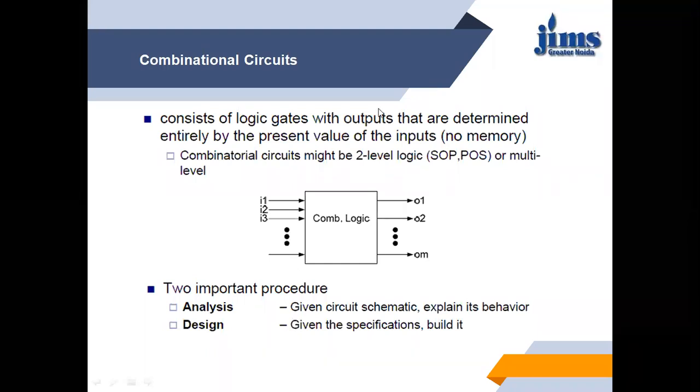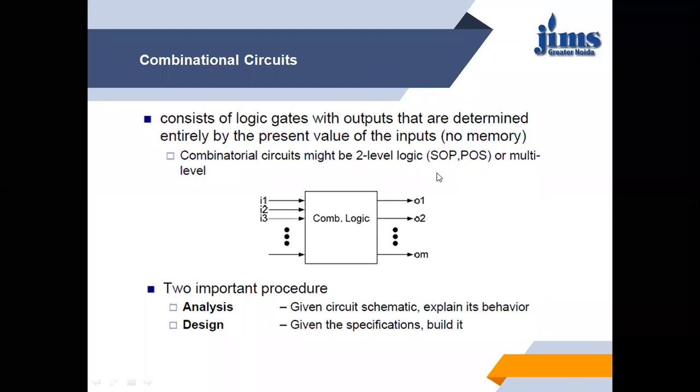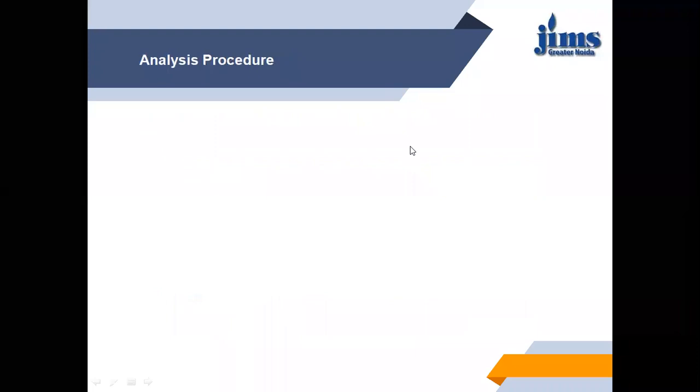In the design part, we are given the specifications, and from the specifications we have to construct a truth table. Then we have to minimize that truth table with the help of K-map, tabulation method, or Boolean algebra. Then we have to design the circuit. So the two processes for combinational circuits are analysis and design. Now let's start with the first, the analysis process.